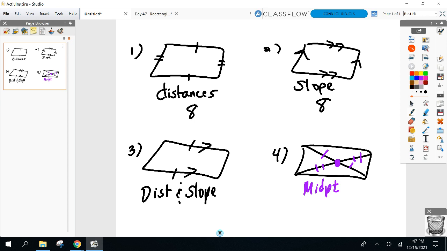Distance and slope. Claire, wait, I meant to vote for number 4. Midpoints. 1, 2, 3, and Claire 4. All right, great. So it's 8, 8, and I'm going to break the tie. We're going slope. Just because you know how to do distances already, I do have to reintroduce slope. That's why I chose that way.